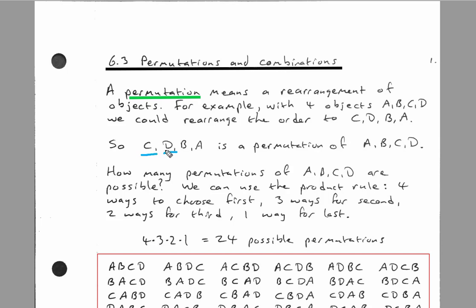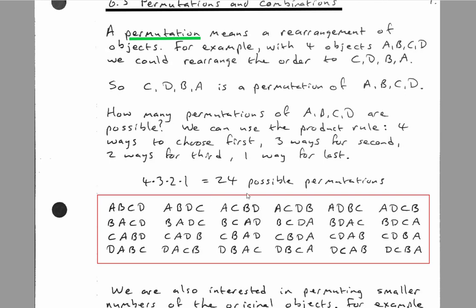Once you've chosen the first, then there are 3 options for the second, then 2, and then there's no choice. You just have 1 option for the last. So by the product rule, it's just 4 times 3 times 2 times 1. That's 24 possible permutations for 4 objects.